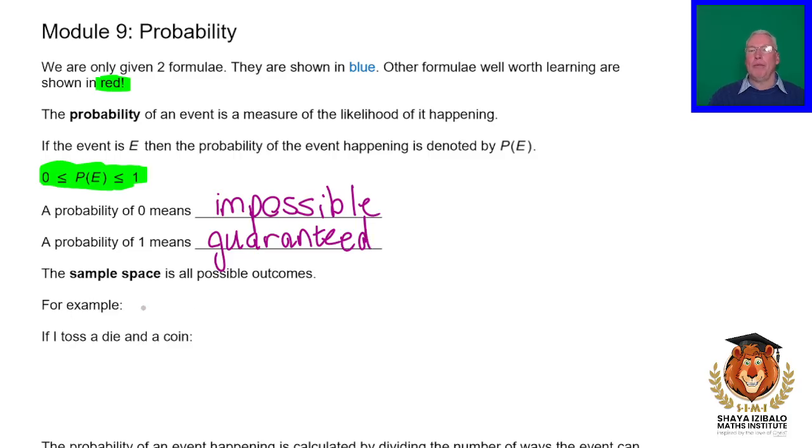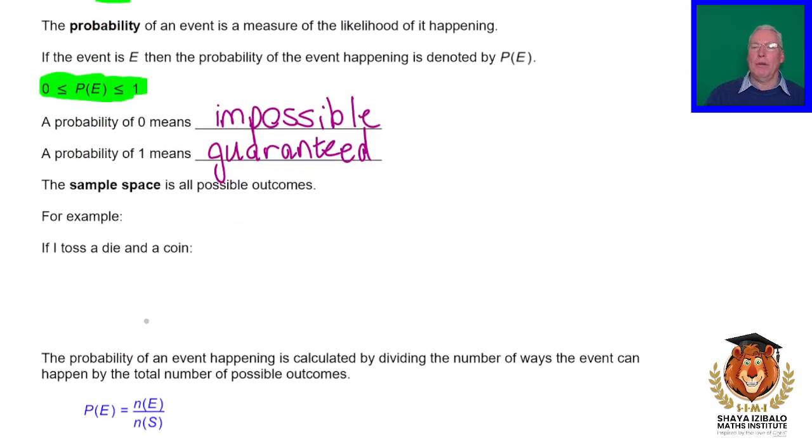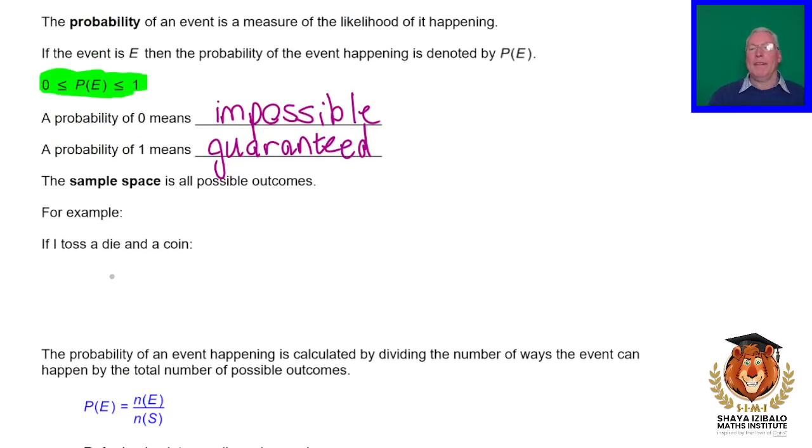Sample space is all the possible things that can happen. So for example, if I toss a die and a coin, there are actually 12 things that can happen. And I'm going to write them down. We normally write our sample space in a set with this squiggly bracket. We could get heads on the coin and 1 on the die. Heads and 2. Heads and 3.